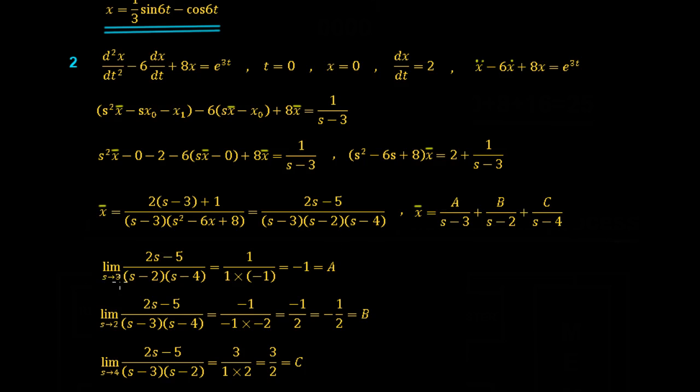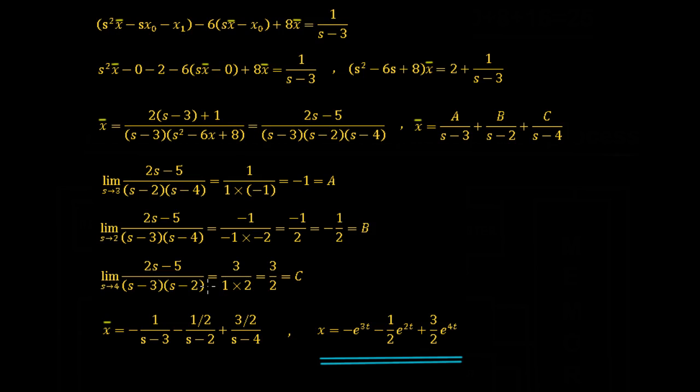I won't read through these; you can see them for yourself and check their validity. This gives us x bar equals minus 1 upon s minus 3 minus 1 upon 2 s minus 2 plus 3 upon 2 s minus 4. When we go through the inverse transform of that, it gives us minus e to the 3t minus a half e to the 2t plus 3 upon 2 e to the 4t.